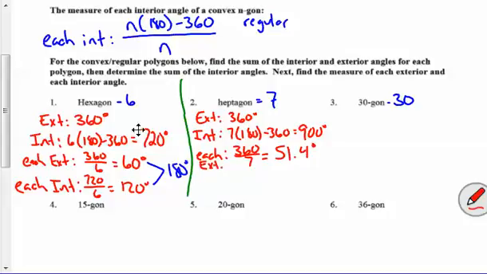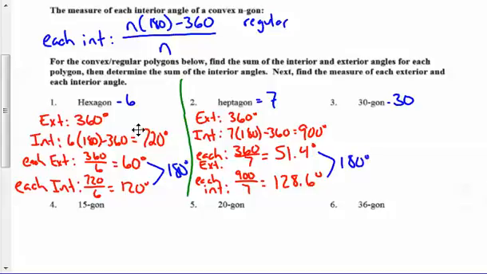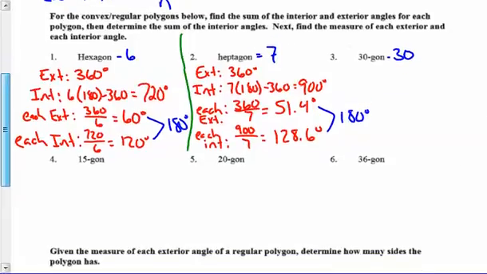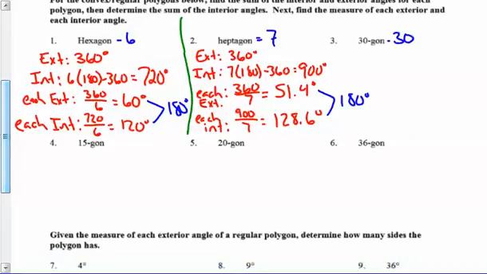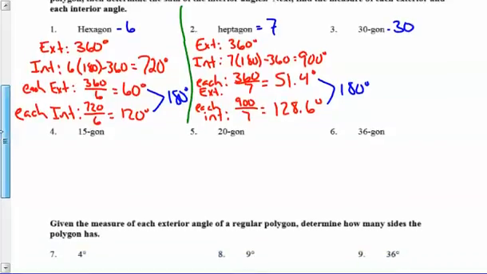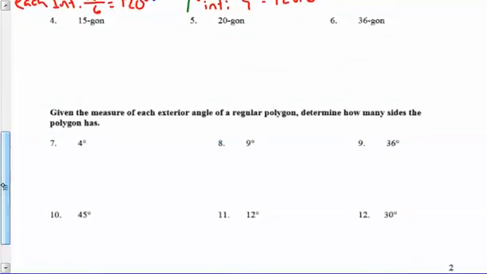Exterior, each interior would be worth 900 divided by 7, which would give us 128.6. And again, these two have to equal 180 degrees. So the rest of these you could practice by following this format to get the rest of those.